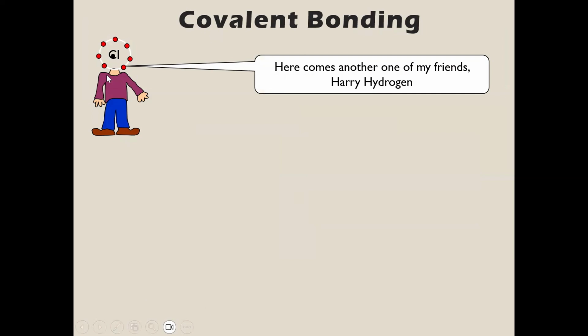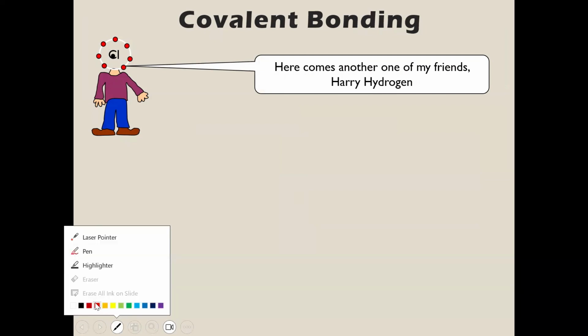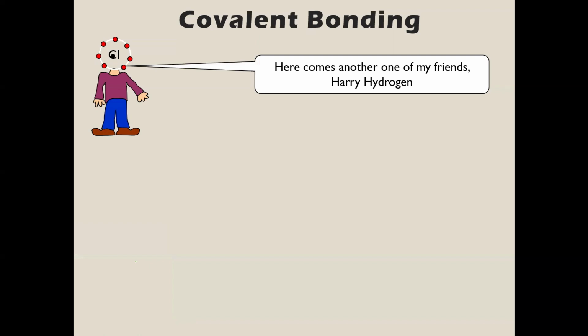So the outer shell of chlorine has 7 electrons, as you can see here, the outer shell of the chlorine. While the hydrogen atom, the atomic number of hydrogen is 1, so it has only one electron in the first shell, and the first shell is an exception because the first shell is filled with only 2 electrons.